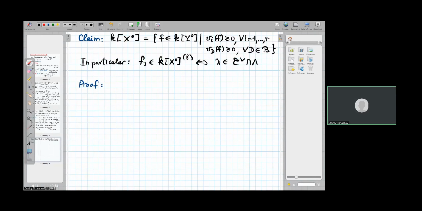It is a lattice vector in the dual cone. This is just because these inequalities defining the coordinate algebra of X0, if you substitute f lambda in here, then you get that the pairing of lambda with the respective vectors v_i and v_d bar will be non-negative. And this exactly means that lambda is in the dual cone. So we have the description of eigenweights of all semi-invariant functions sitting in this coordinate algebra in terms of lattice vectors of the dual cone.